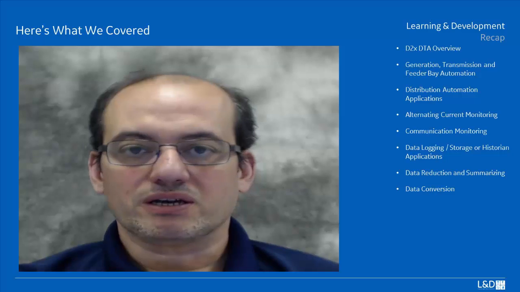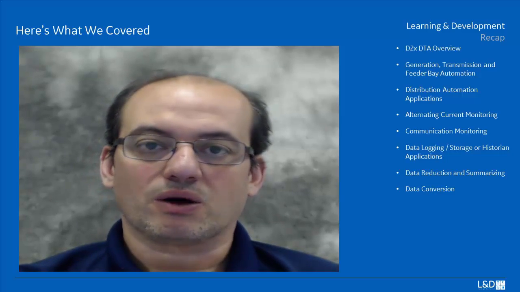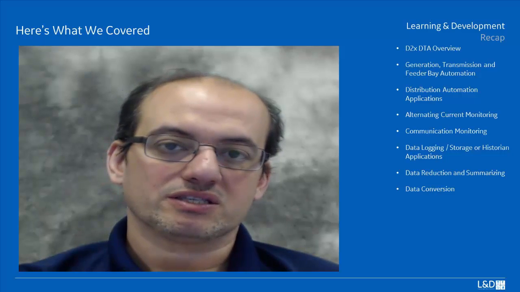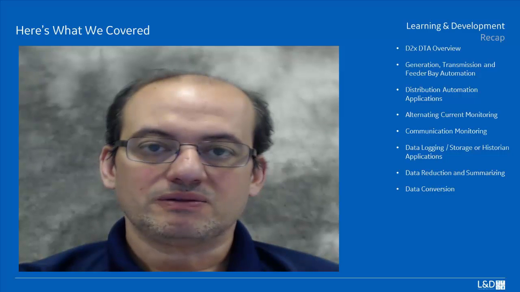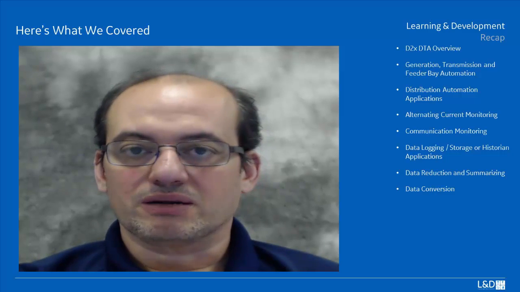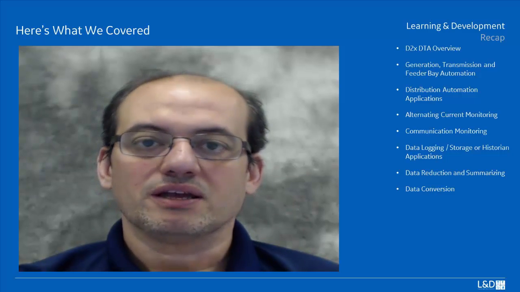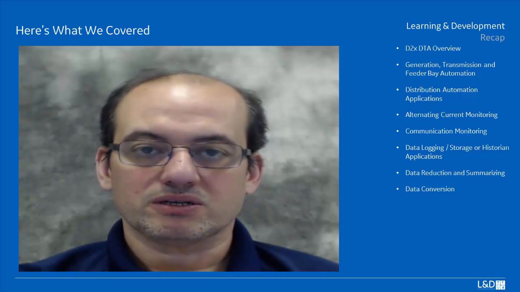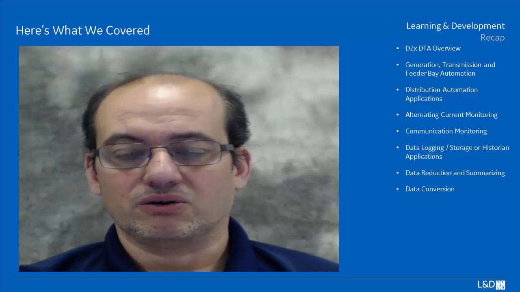What we covered was a brief listing of these applications so that you're aware of the available applications that you can request from our development team if needed, including applications that belong to generation, transmission, distribution, analog AC analog monitoring, communication, and then all the data manipulating applications for summarizing and conversion.